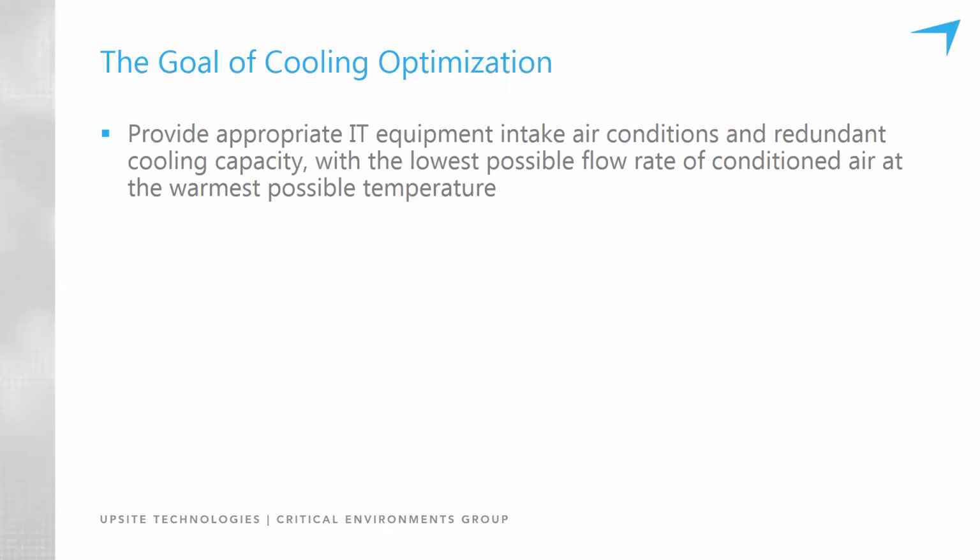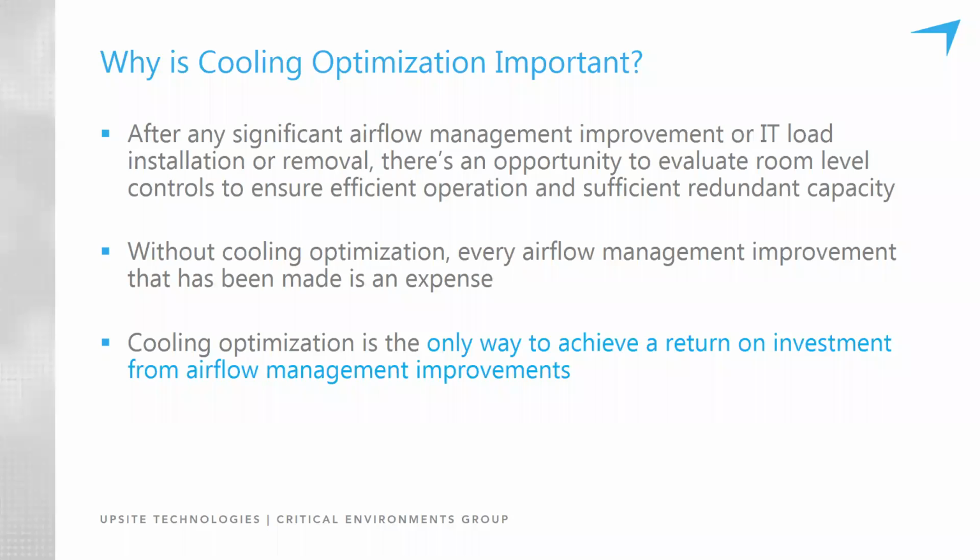So that is a long sentence, but that is essentially what this entire presentation is about: taking care of the IT equipment and doing it with the lowest possible flow rate of conditioned air at the warmest possible temperature. And if that is done, the cooling capacity will be maximized, and the efficiency will be maximized, and the operating cost will be reduced as much as possible. So let's get into some more of these details.